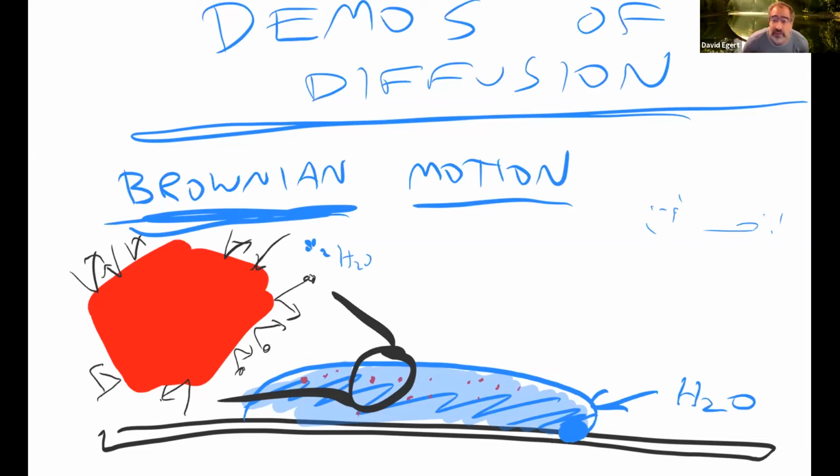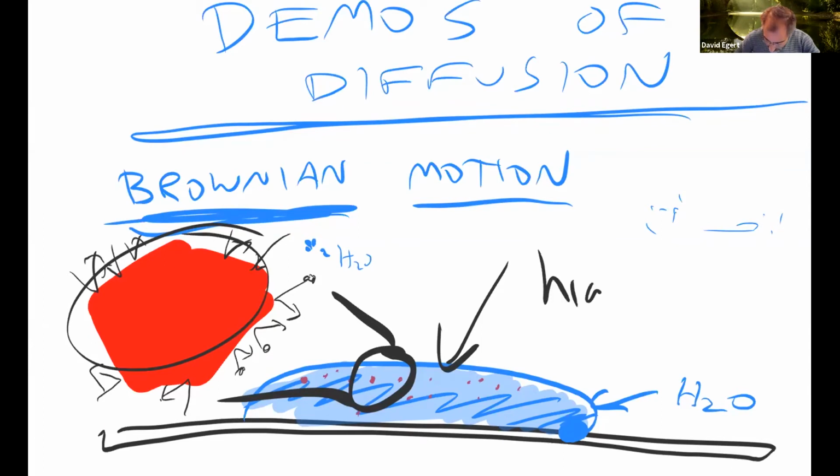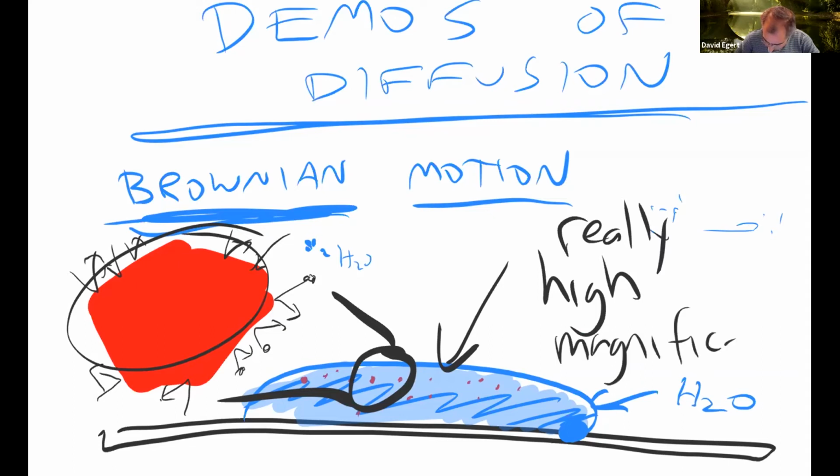Brownian motion is when you look at really dinky little things in water under really high magnification. When we do this in lab for real, at 100 times you don't see anything.